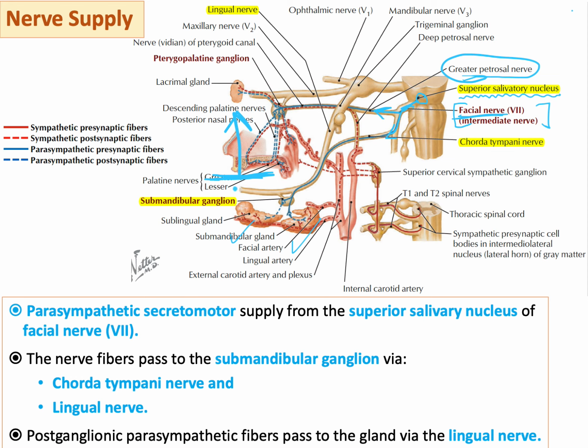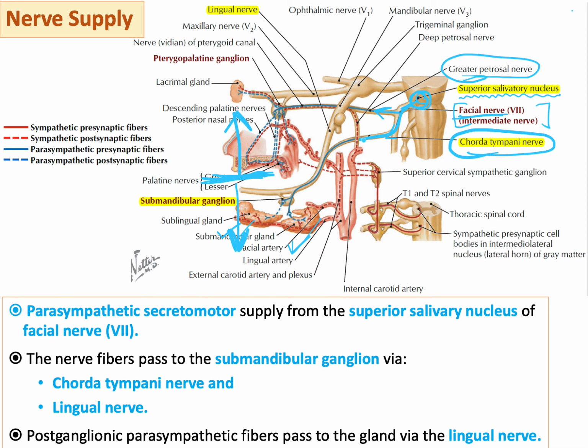But for salivary glands below the oral fissure, the parasympathetic fibers will be transmitted through the chorda tympani nerve. For our case, we are talking about the submandibular and sublingual glands. They are located below the oral fissure. That means the preganglionic fibers from the facial nerve will be transmitted through the chorda tympani.